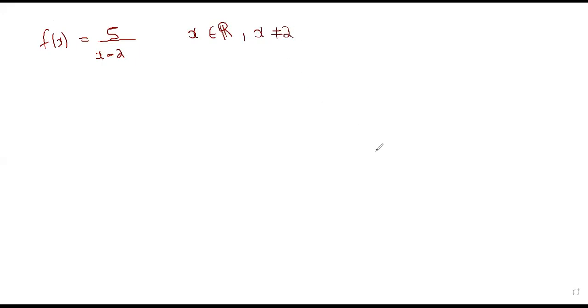Okay, and you need to find out f of x. Let me explain a few things here. This is the function. This is the domain. How do we understand this domain? I'll tell you. This means x belongs to the set of real numbers.